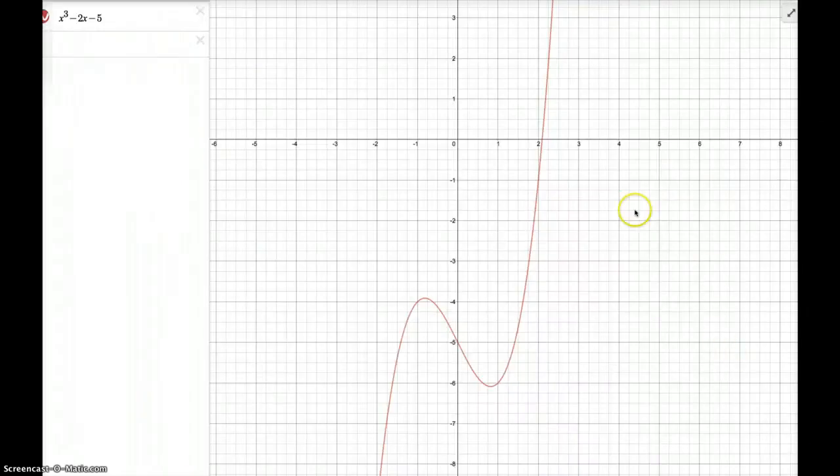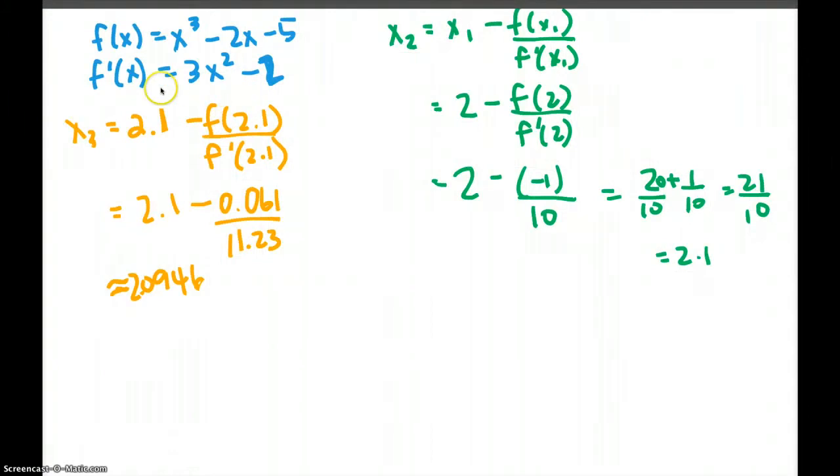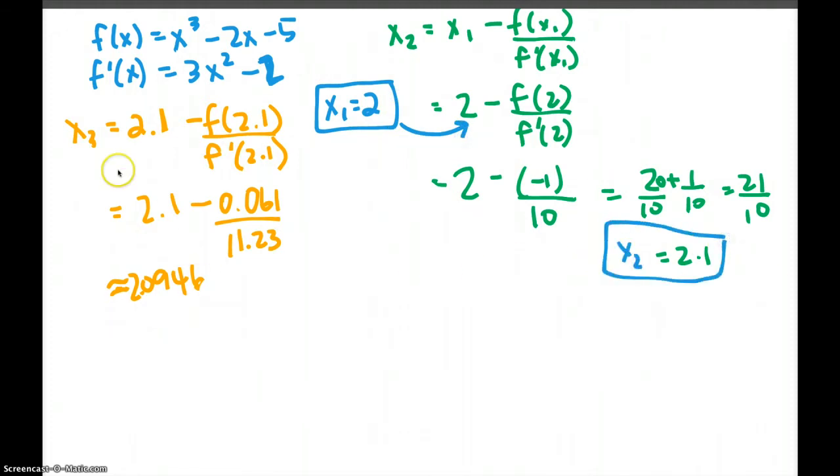Now let's talk about the graph real quick and that very first guess. That very first guess here they gave to us, x sub 1, which I did not write here, was equal to 2. And they made us start from that point. Then we got x sub 2 equal to 2.1, and we got closer and closer to that final x-intercept.